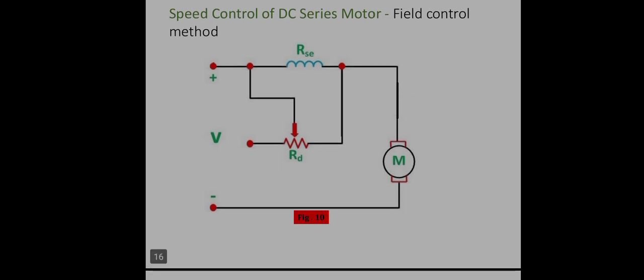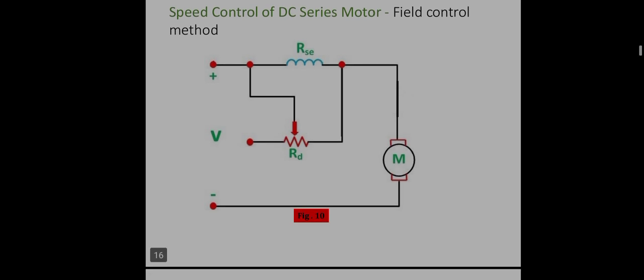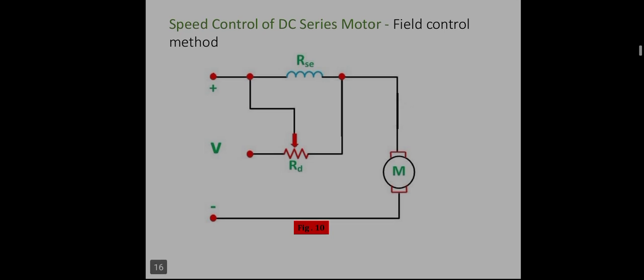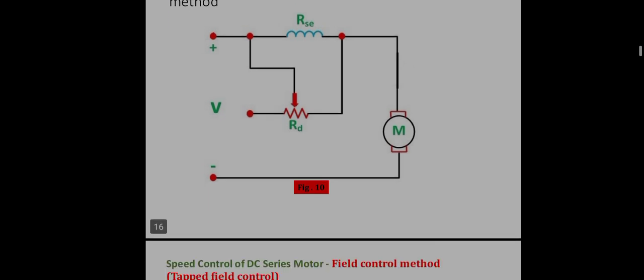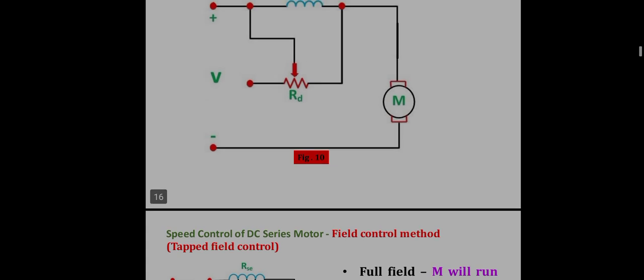Based on the RD value, the current flowing through the series field winding is varied, and the flux is varied, so that the speed is varied. So that is the field control method.